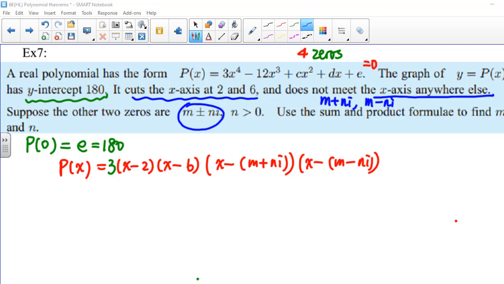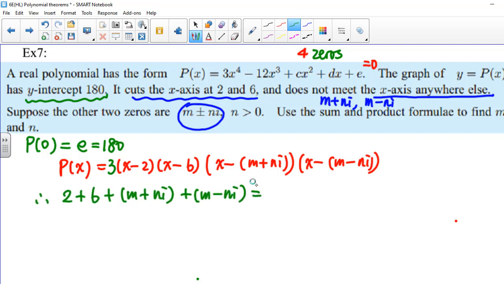So right now we need to apply the sum and the product of the roots theorem to find the missing values m and n. The sum of these 4 roots, 2 plus 6 plus m plus ni plus m minus ni, those 4 roots should add up to negative an minus 1 over an. So an minus 1 is negative 12. An is 3, which gives us 4.